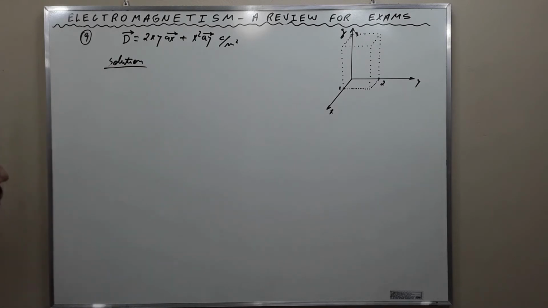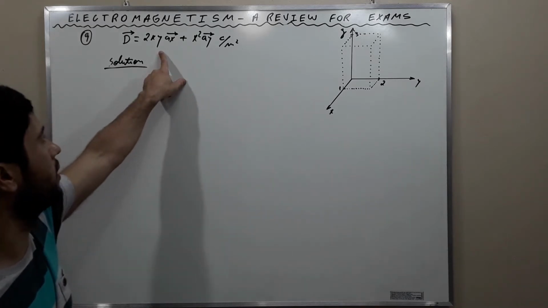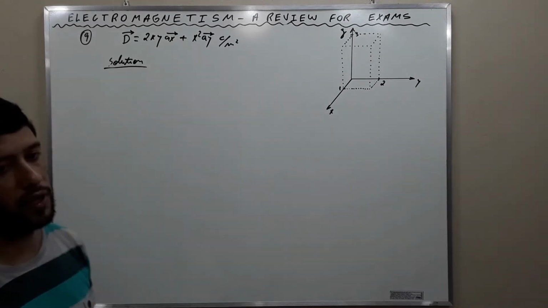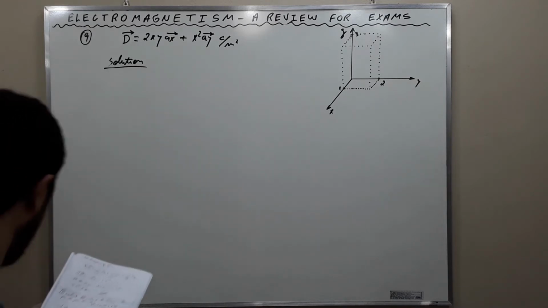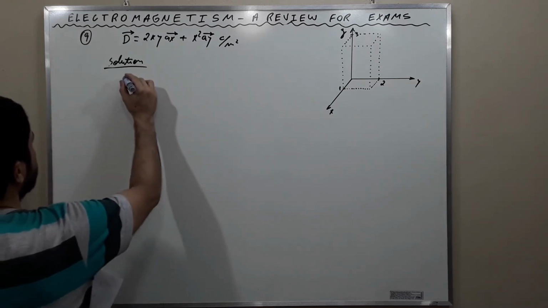As there is no field in the z direction, okay, we have a field in the x direction and in the y direction. As there is no field in the z direction, we are going to evaluate for the following surfaces.